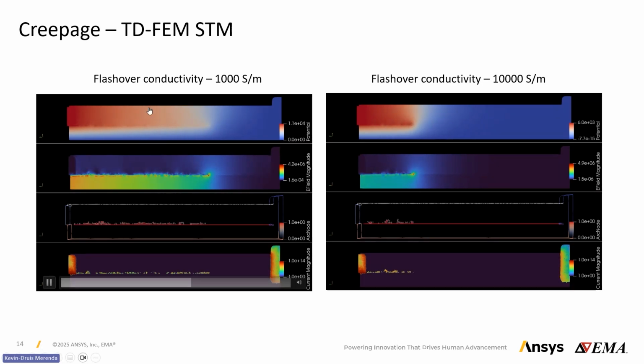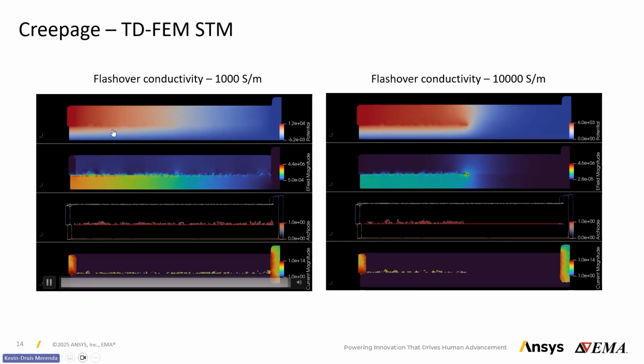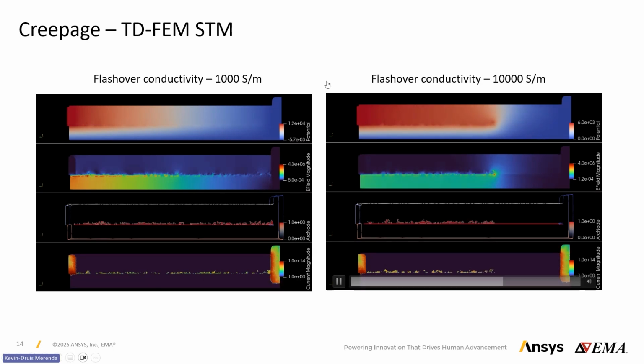So the higher the conductivity, the more the discharge can actually stay at the potential of the electrode that we use to charge up the system. So you can see here that the discharge is actually more red than the one on the left because of the conductivity. If you have it basically at the conductivity of a metal, it would just be at the same potential as the electrode that you have here on the system.